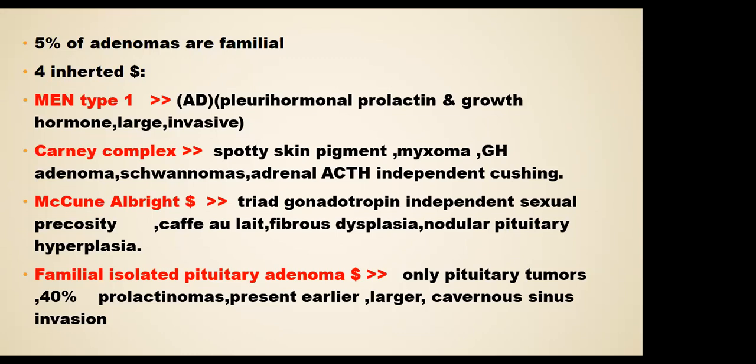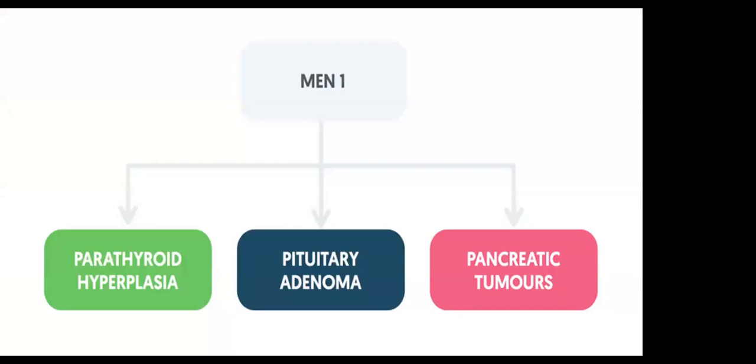While in familial isolated pituitary adenoma syndrome, there are only pituitary tumors, presenting with 40% prolactinoma and presenting earlier in age than the sporadic. They are larger, and cavernous sinus invasion is more common. MEN type 1 is associated with parathyroid hyperplasia, pancreatic tumor, and pituitary adenoma.